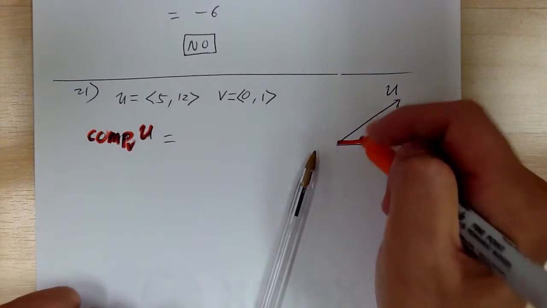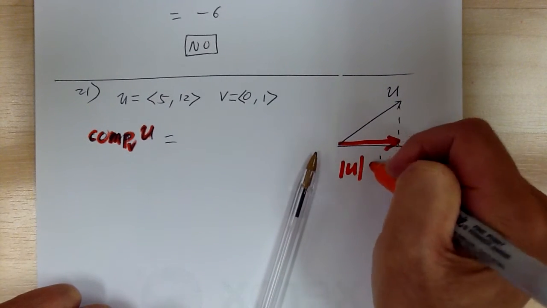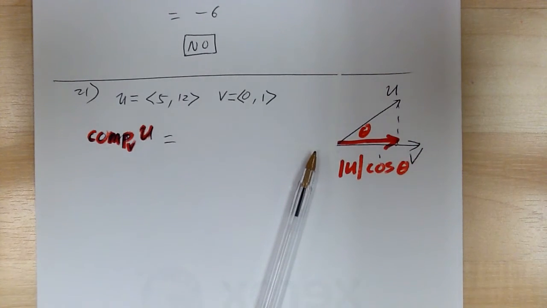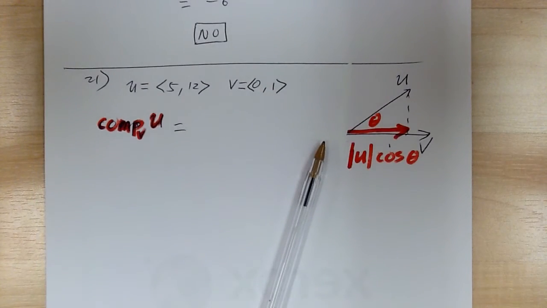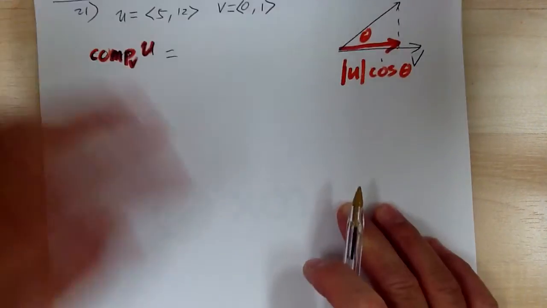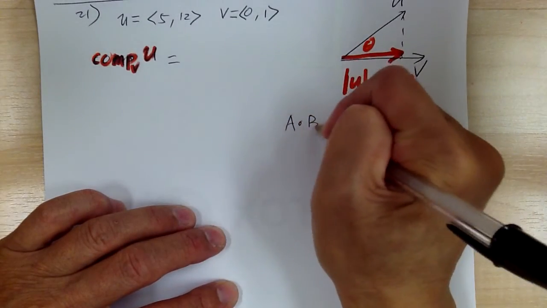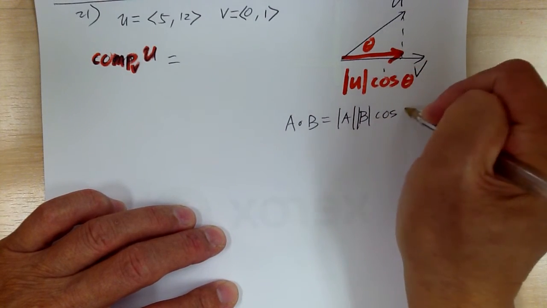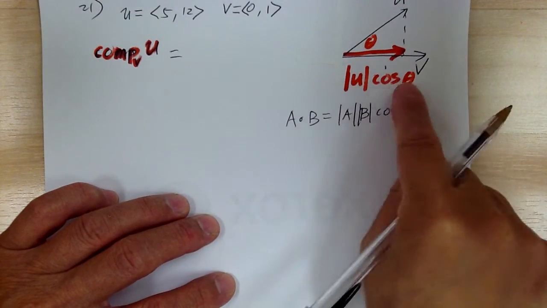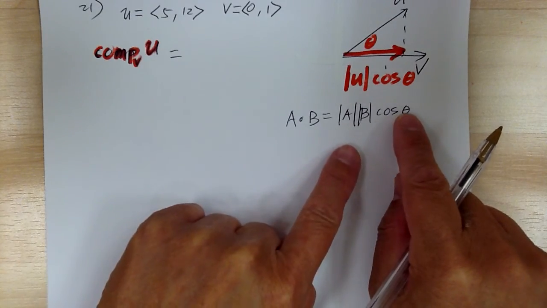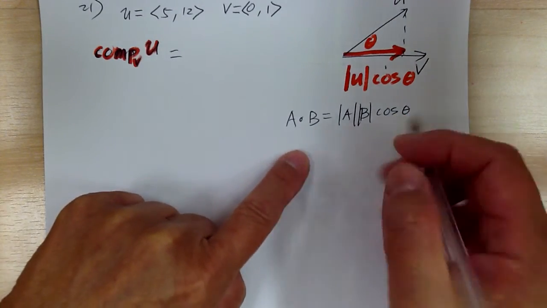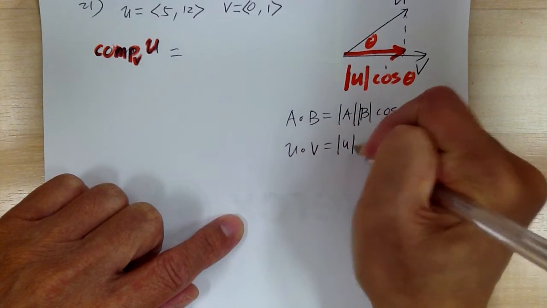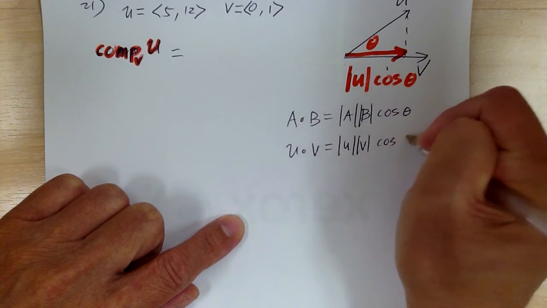And so this is going to be equal to the length of u times cosine theta. And from your expression, remember a dot b equal to the length of a times the length of b times cosine theta.